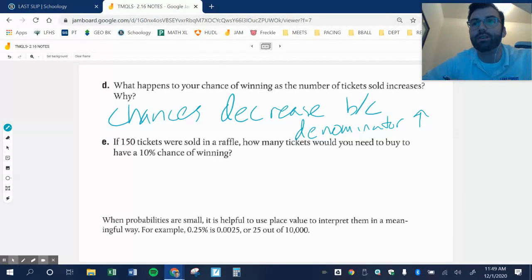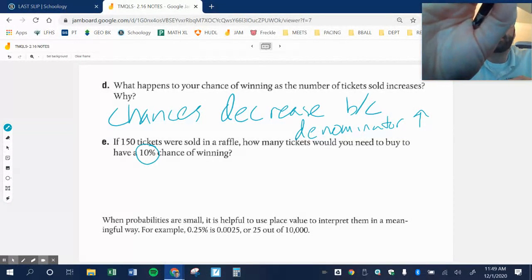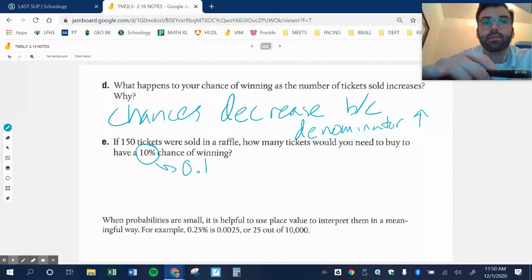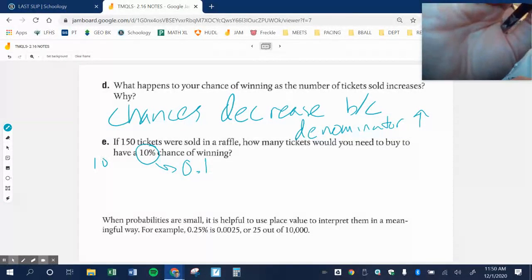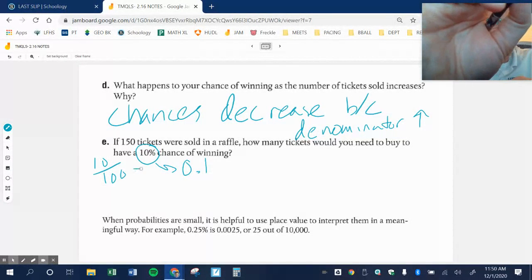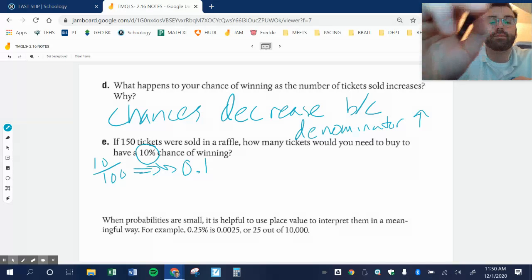So I want to figure out, well, what is 10% of 150? Okay, what is 10% of 150? Well, 10% as a decimal is 0.1. I did 10 divided by 100. That gave me 0.1.